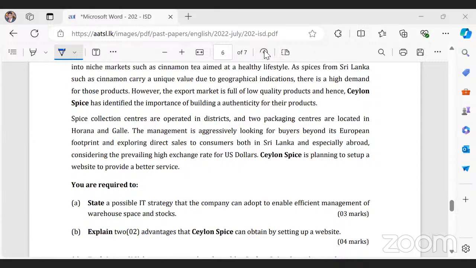Then they can plan their stock, their future stock requirements, by analyzing data. Then they can get to know about the pending orders, right? What are the potential orders, by prescriptive analysis and all. They can get so many things.